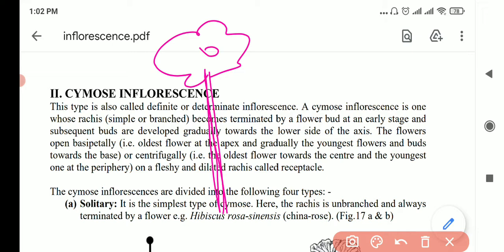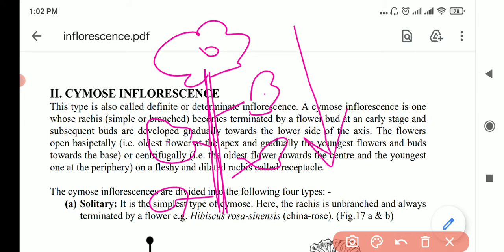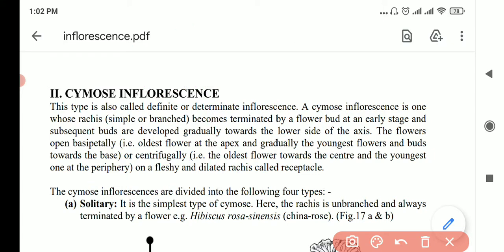Then if it wants to grow new flower buds, it will grow gradually towards the down of the axis. It'll grow from here. It'll keep on growing down, down, down. So the new flower buds appear from up to down, because it stops at this oldest flower. So the oldest is at the top and the young flowers are down.